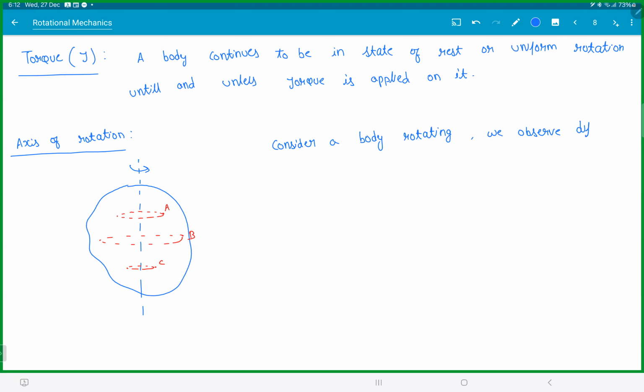We observe points move in different circles. The line joining the center of the circles. So if you take all the circles and if you join all the centers with a line, what you get is axis of rotation. The line joining the center of the circles is the axis of rotation.